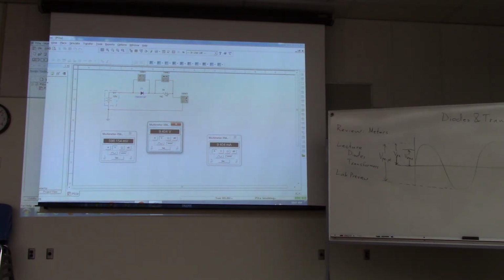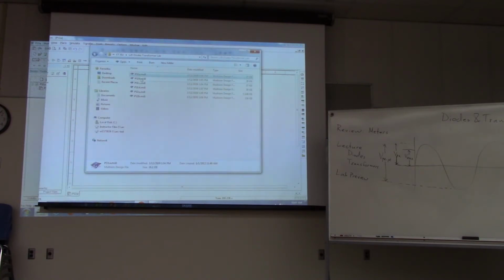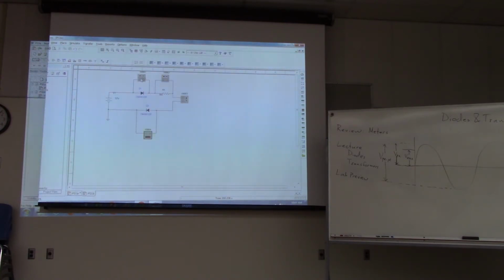Other questions? Okay, cool. So you're going to go through and change the voltage around a couple times to record the values in your table. This is a similar situation, but now you have two diodes. So are they forward biased or reverse biased? Forward, exactly.